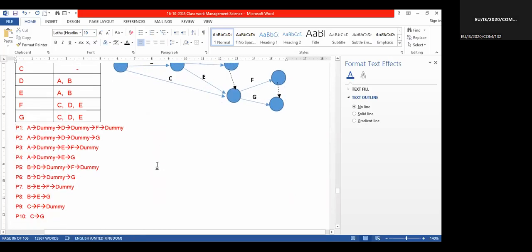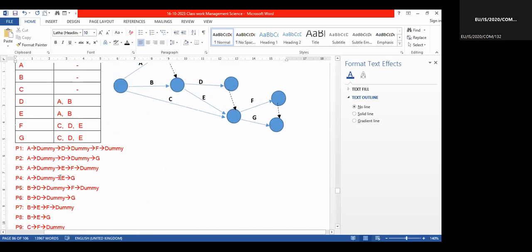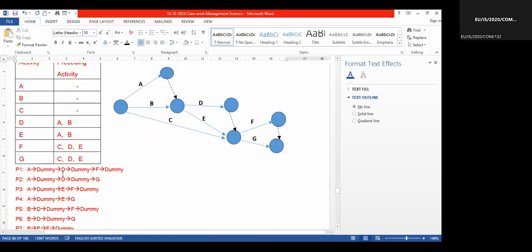You see now how many paths are there? 10 paths. So far we have identified 10 paths. Altogether, from starting point to end point, we can come 10 ways. First one, A, dummy, B, dummy, F, dummy.